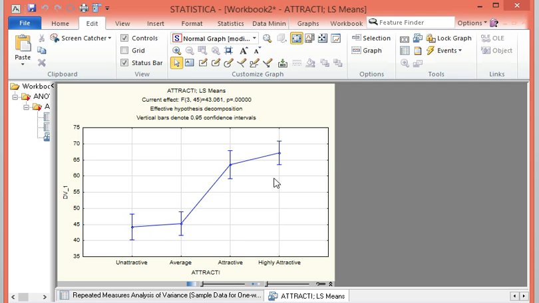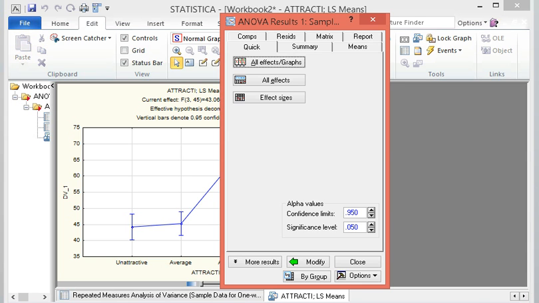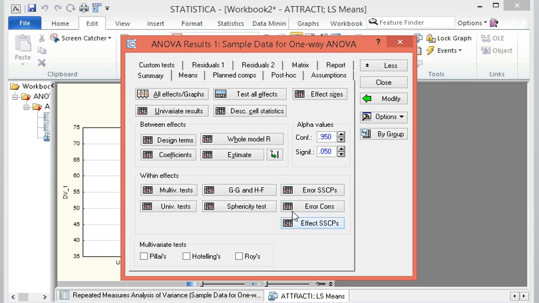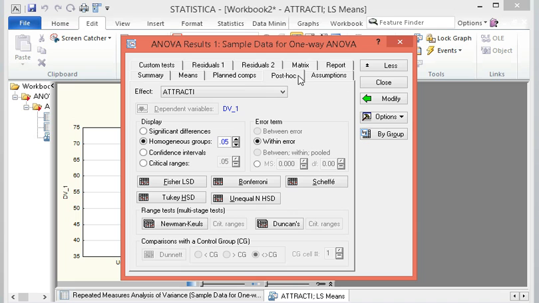So with that, we have to do a post hoc test. Let's return again to our box, and then click on more results, then click on post hoc. Then there are several options. Let's first check on significant differences.